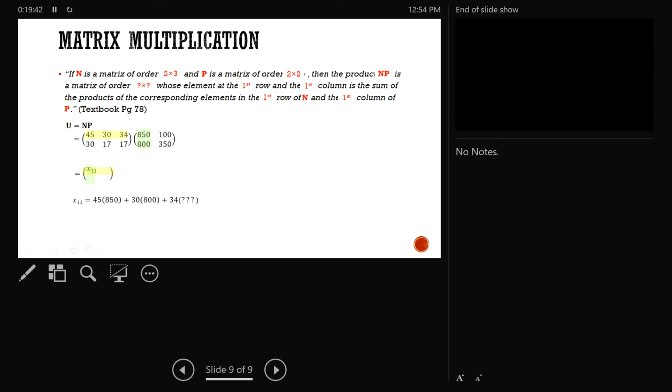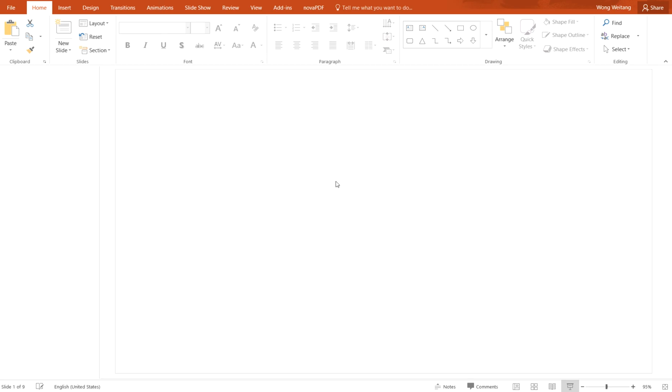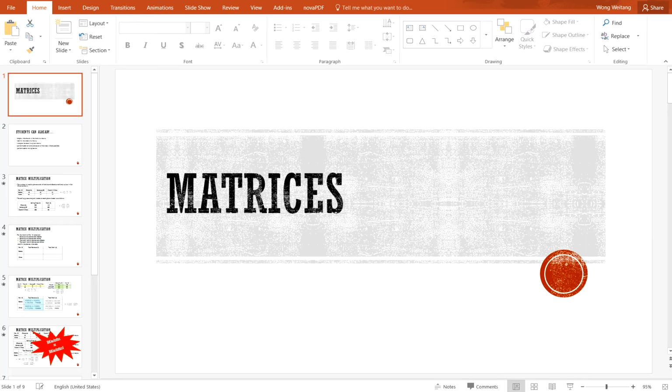No partner. Cannot multiply. So it doesn't work. You cannot do a multiplication if these two numbers are different. Understand? Okay, so that's all for this portion.